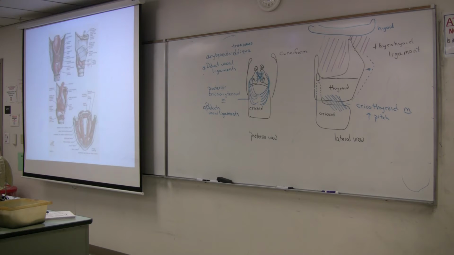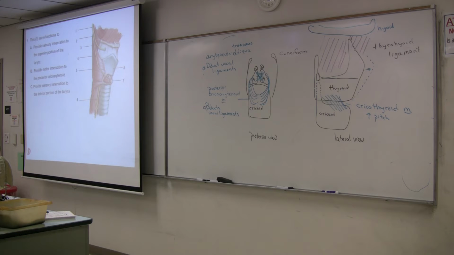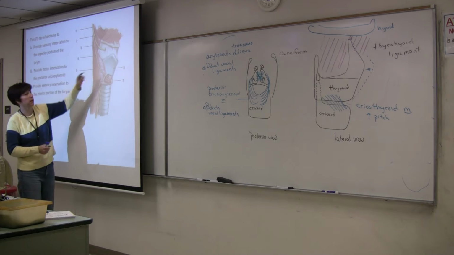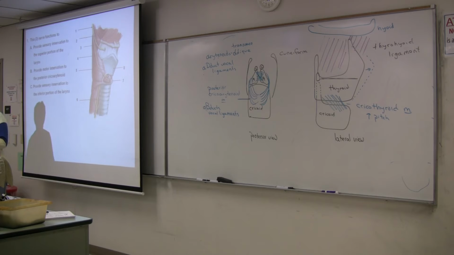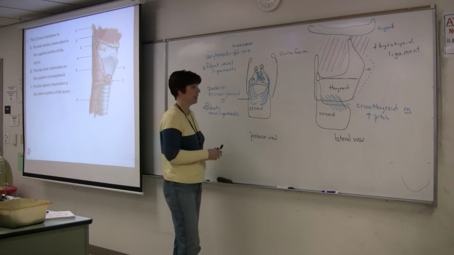So if we look at probably the best view right here. This is a diagram from Netter's. And I have a page open here to some of the constrictor muscles as well. And this yellow structure on here is the vagus nerve. Anybody remember the opening in the skull through which the vagus nerve passes?